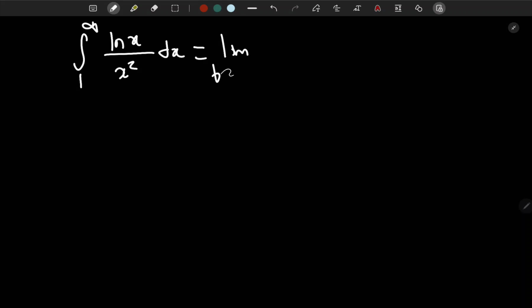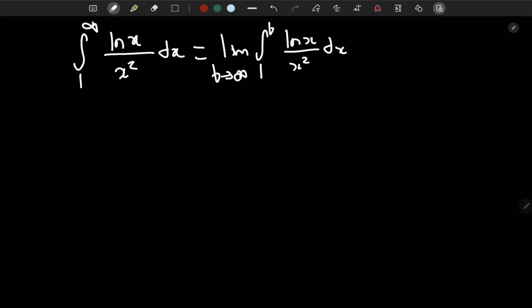So let's say b is approaching infinity, the same integration from 1 to b, and ln x over x squared stays the same. So all we did over here is replace infinity, since we cannot have infinity in the integration, with a limit where b approaches infinity.